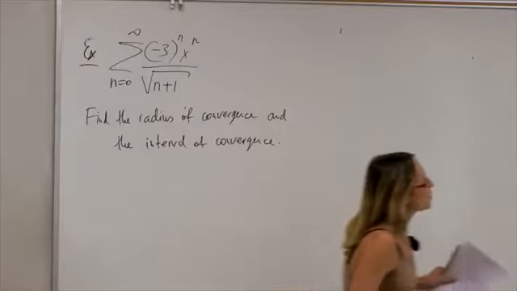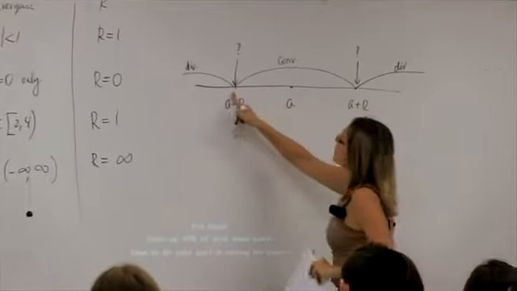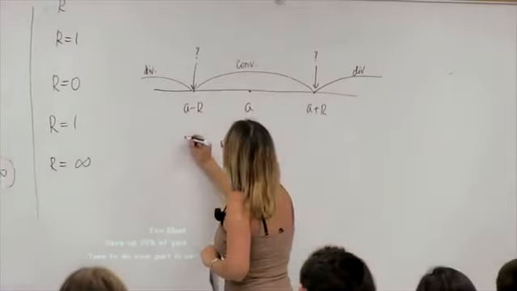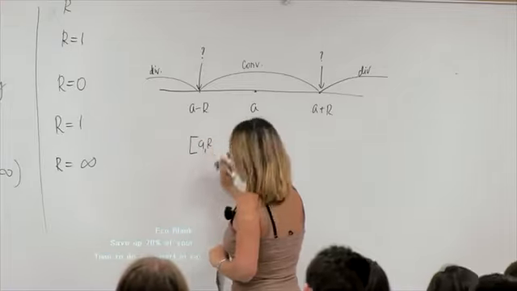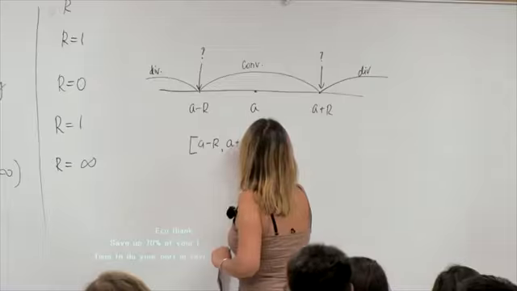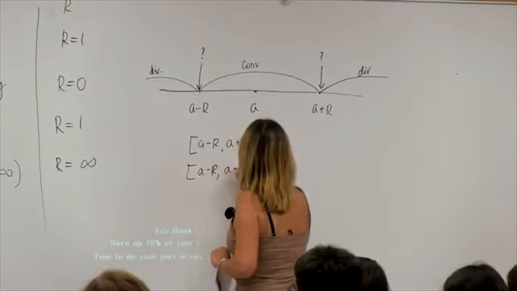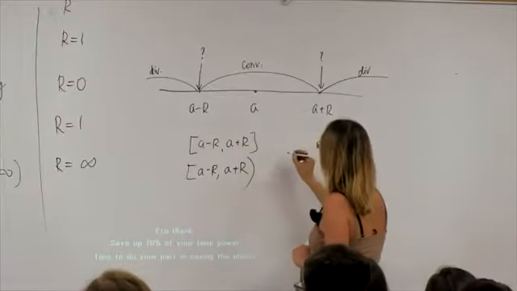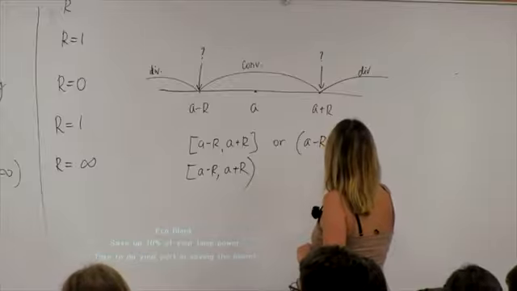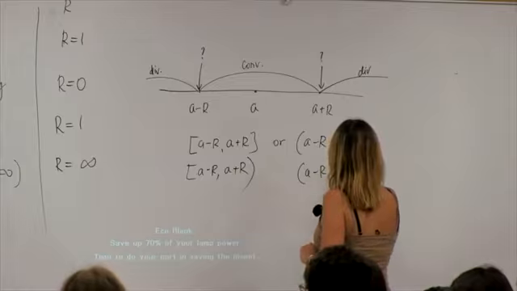What's the difference? Well, the radius of convergence tells me this interval, but it's not clear what the ends do. So it could converge between a minus r and a plus r inclusive, or exclusive at either end, or inclusive at both.